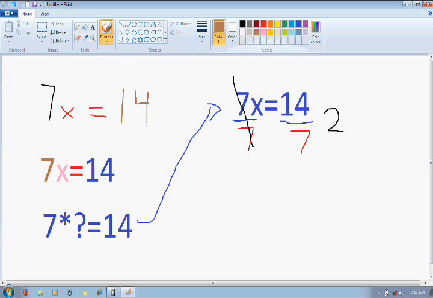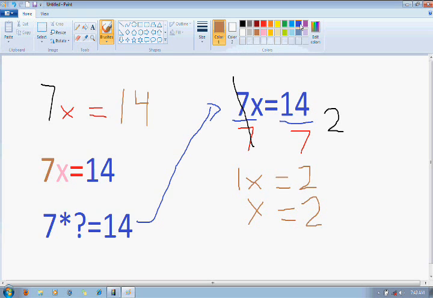So if you correct it and rewrite it, you got rid of the x's, because one thing about algebra is 1x is always just x, so x equals 2.